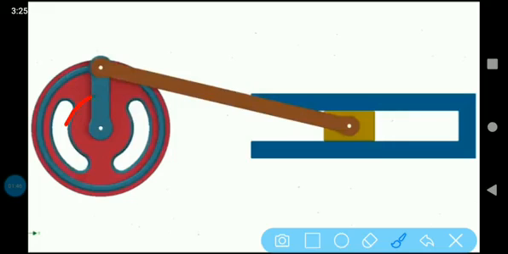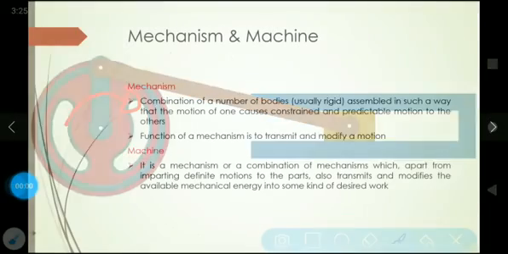The crank, in the case of a slider crank mechanism, will be the driving link and the slider will be the driven link. Basically, a slider crank mechanism is a mechanism that converts the rotational motion of a crank to a translatory motion or straight line motion of the slider.